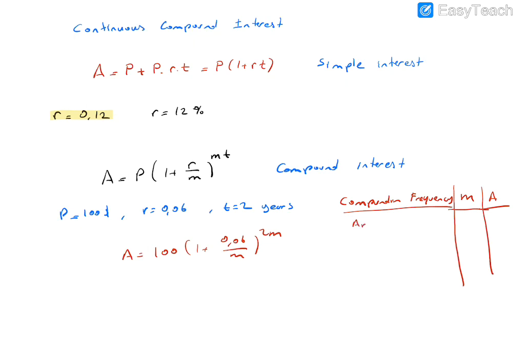If this is annually, m is 1, and the future money you can calculate by using this formula.